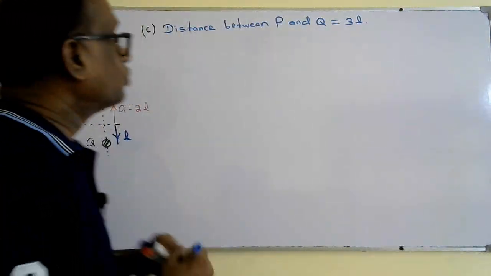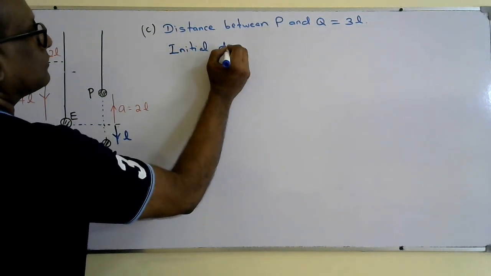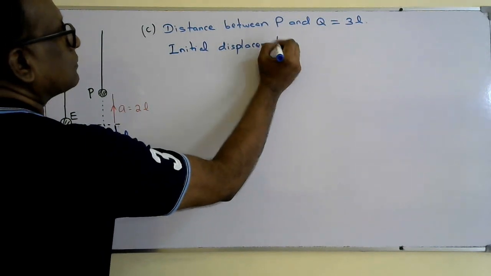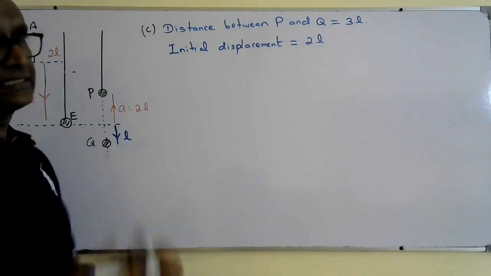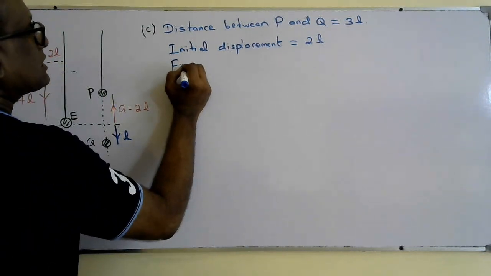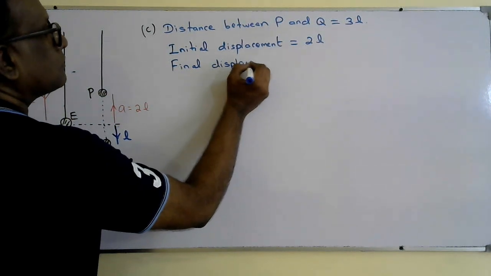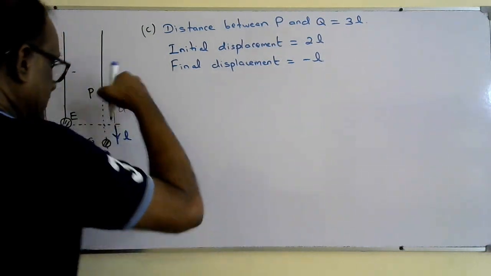Initial displacement equals 2L, which is upward direction. We'll take upward direction as positive. Final displacement is minus L, because it is in the opposite direction.